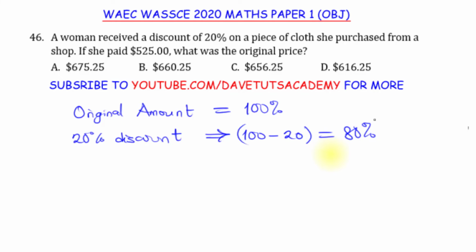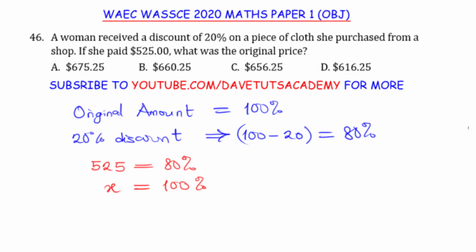So what she's paying is 80%. Now we are told that what she paid was actually $525. So $525 amounts to 80%. So we are looking for the amount that corresponds to 100%.